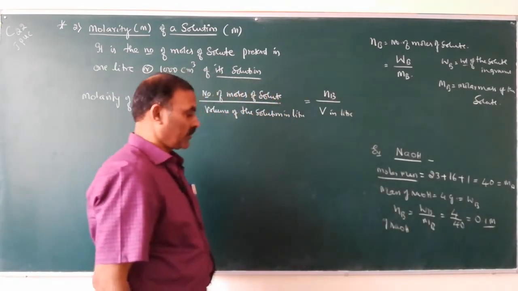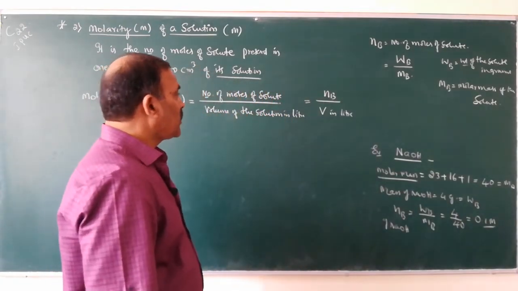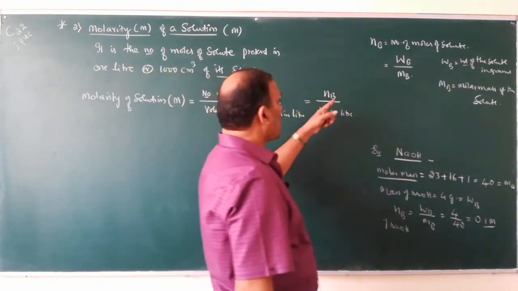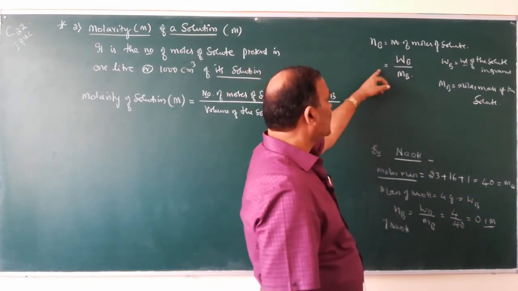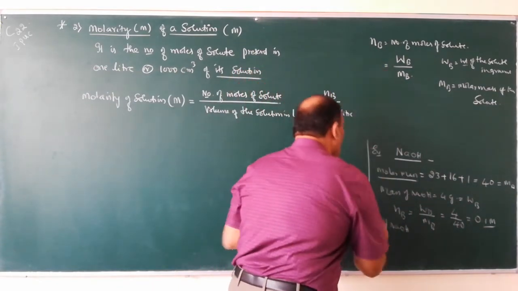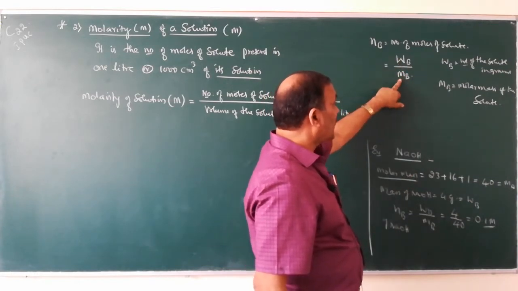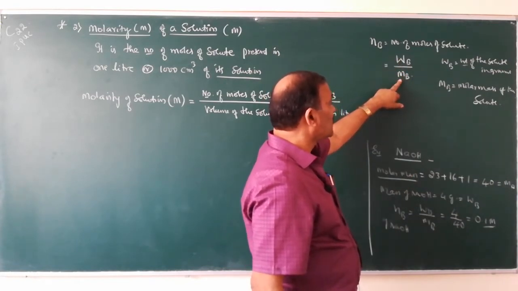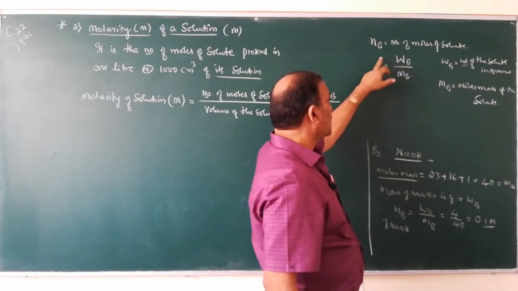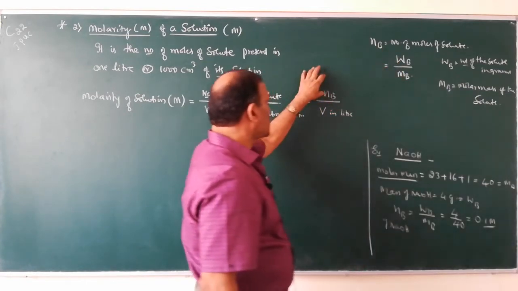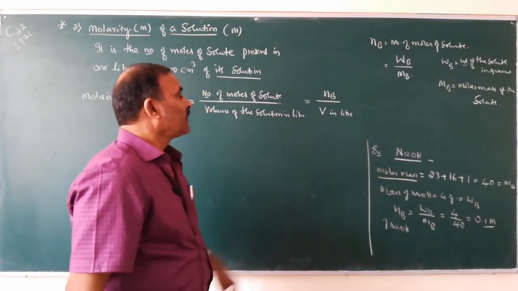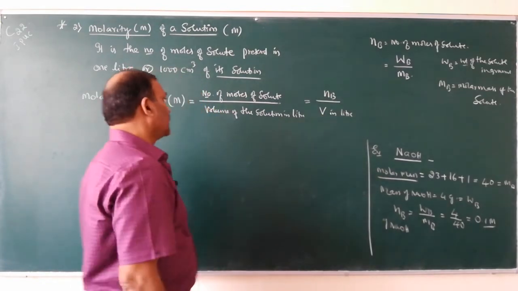This is how we can calculate number of moles. Number of moles equals weight of the solute in grams divided by gram molecular mass of the solute. You will get NB. So this much moles of solute is dissolved in V liter of solution.